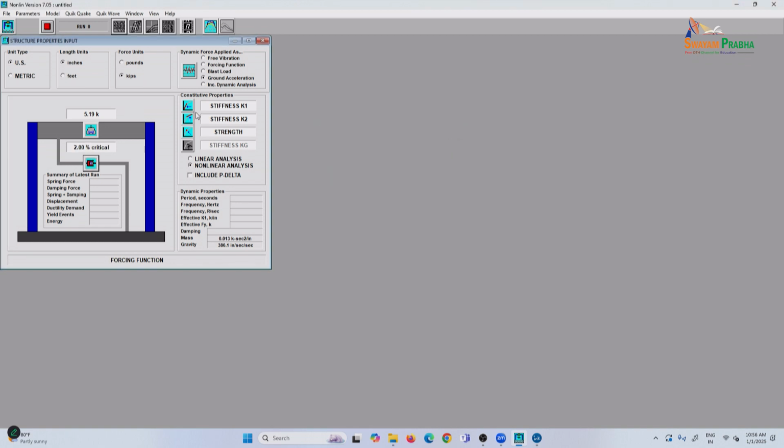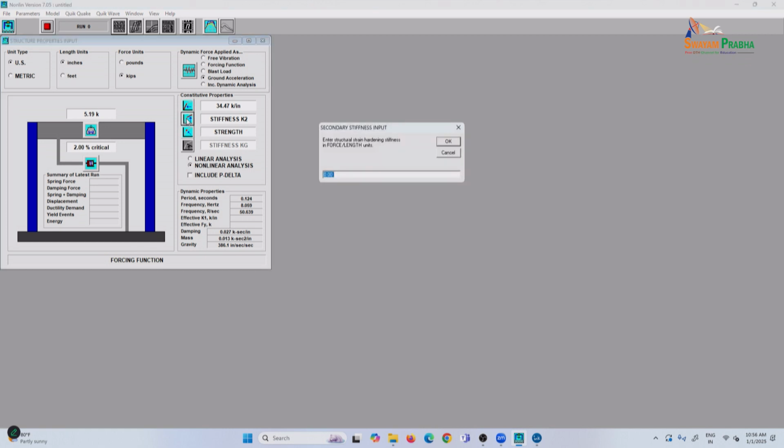Don't go anything beyond 10, even that is high. Then your stiffness K is 34.47. Then, let's say, nonlinear analysis. I think we got all of this here.